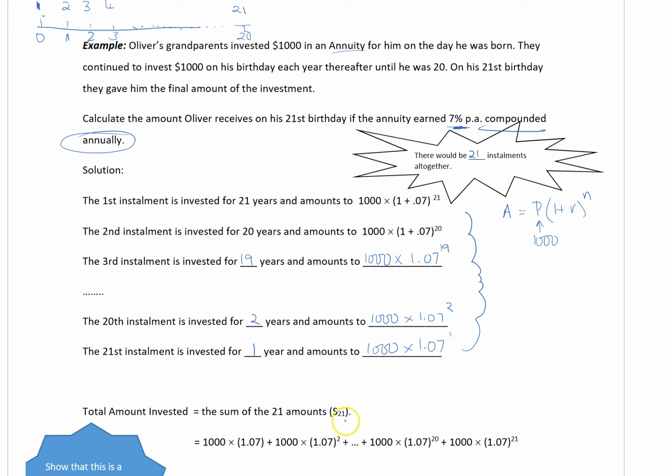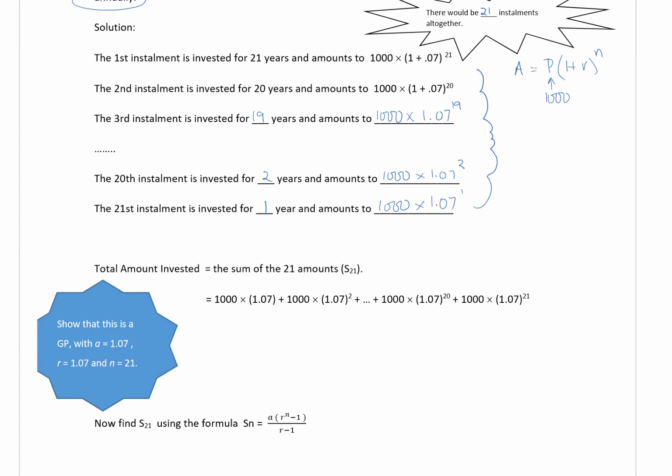What does that actually look like? That will be the last installment, the 21st installment made on his 20th birthday, sat there for just 1 year. The one before that, the 20th installment, sat there for 2 years. Now, this then continued back to the second installment sitting there for 20 years, and the very first installment sitting there for 21 years.